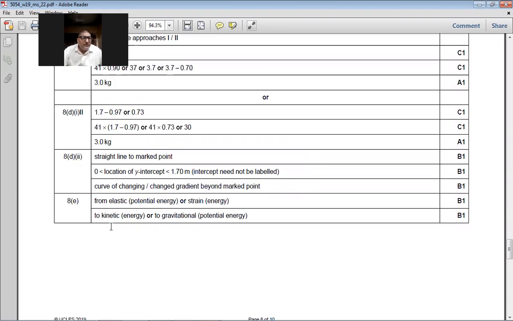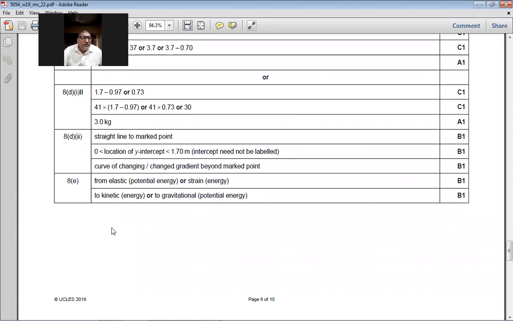Question number 8D, second part: straight line to mark location of y-intercept, and curve of changing gradient beyond mark point. Intercepts not to be labeled. Okay. So you see, we made a mistake here.